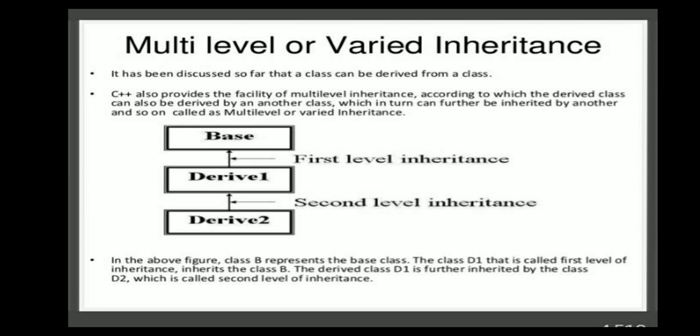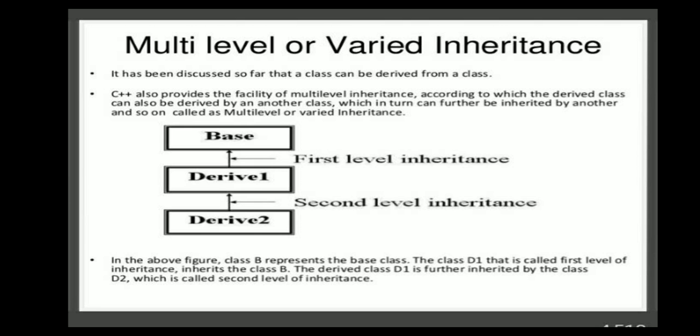In this figure, first we have the base class, next we have two derived classes. In this example, the base class is derived by the derived 1 class. For this derived 2 class, derived 1 is acting as a base class. Derived 2 class can derive the entire information from derived 1.